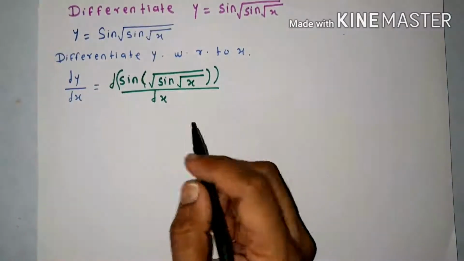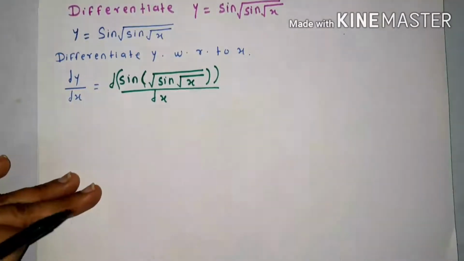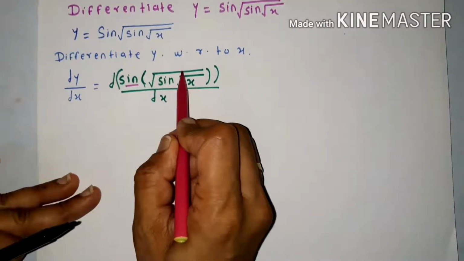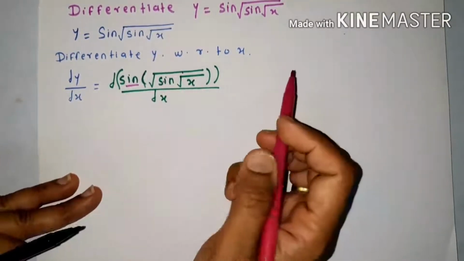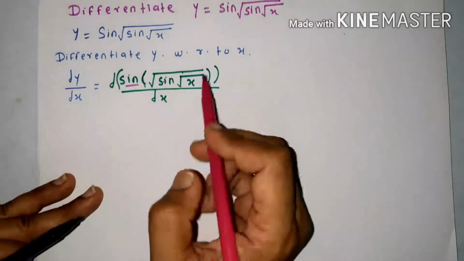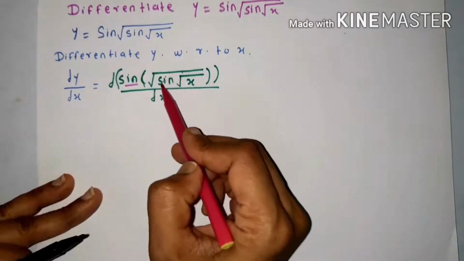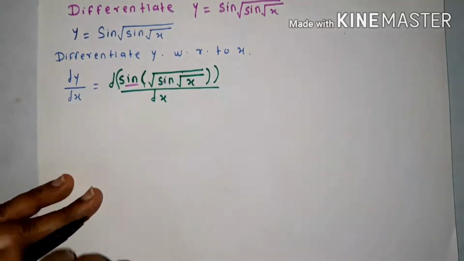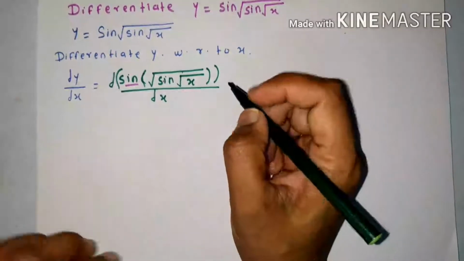Okay, see here students, this sine is a function of square root of sine of square root of x. That means we have to differentiate until the end of the function.